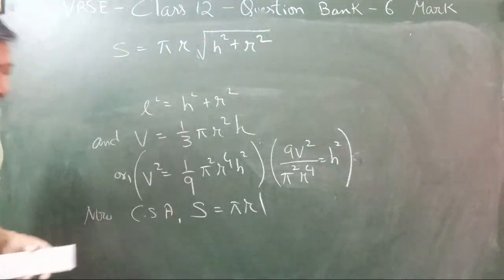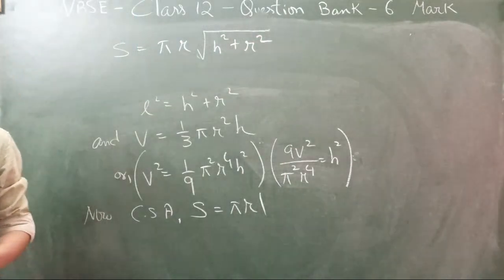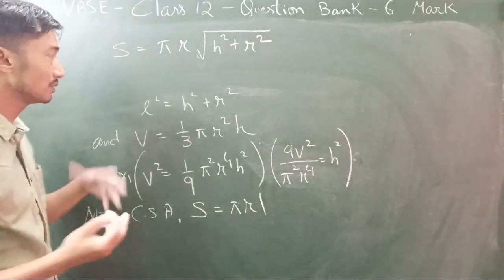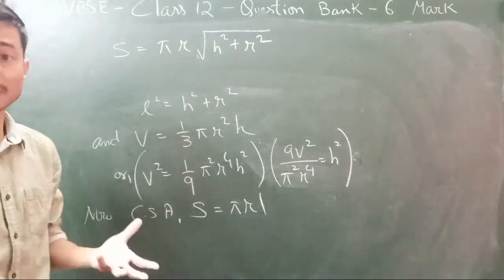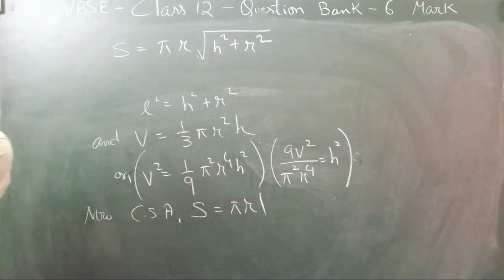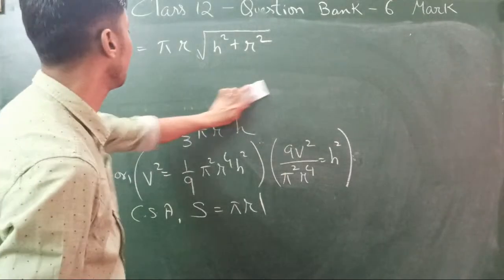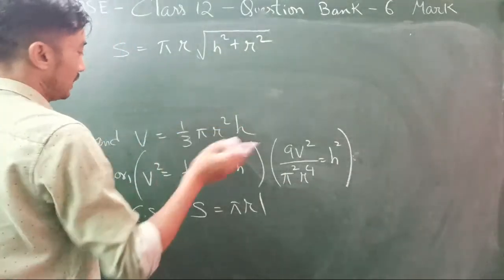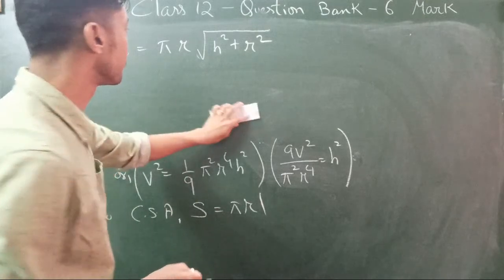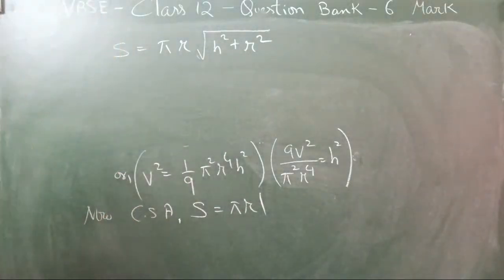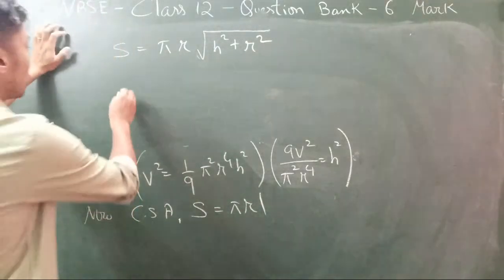So again here, as I mentioned, what are we generally trying to do? Reduce the equations in terms of just one variable. So we'll have to try everything to reduce the equation to one variable only. L again I cannot afford to have, so either it's H or R, either way. Now what I'll do is I'll square both sides.